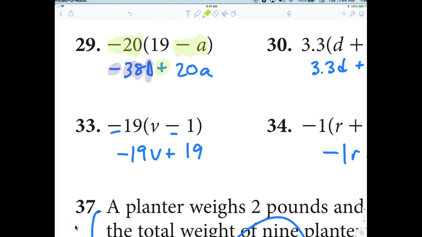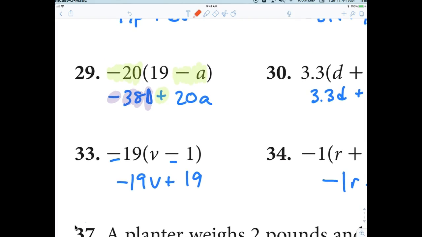Okay, so let me see if you understand what I'm saying. This means, Julia, negative 20 times 19 minus negative 20 times a. That's kind of what that means. You see that? So I'm just distributing a negative.